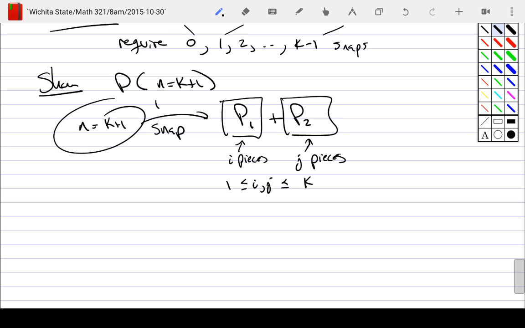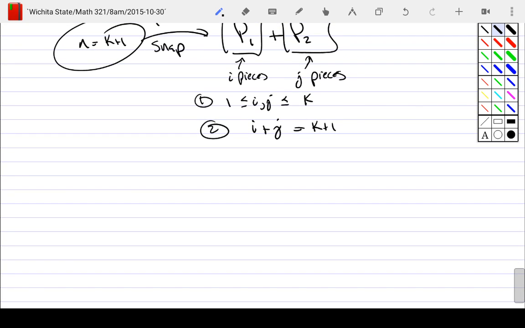K. But because they're between, the other thing that I know about this is what is I plus J? It's still K plus 1 pieces. It's just there's I over here and J over here. They're somewhere between 1 and K, but when I add them up, it's still K plus 1. Is everybody okay with that? All right.